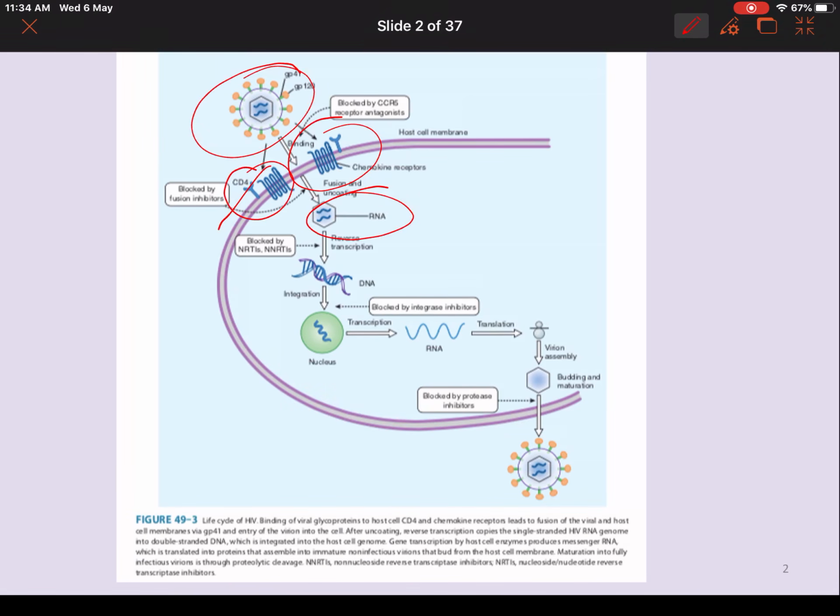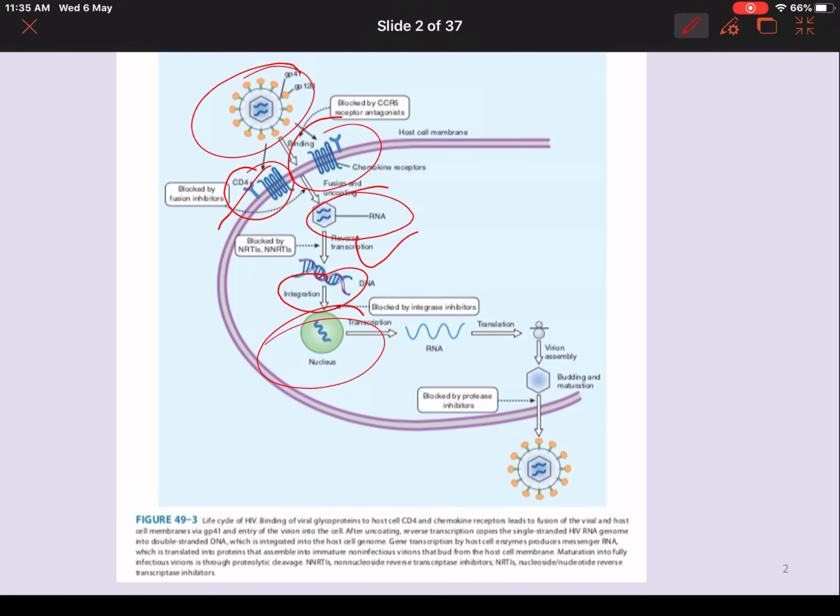From this RNA, reverse transcriptase enzyme acts to produce double-stranded DNA. This double-stranded DNA gets integrated by the enzyme integrase into the host nucleus.